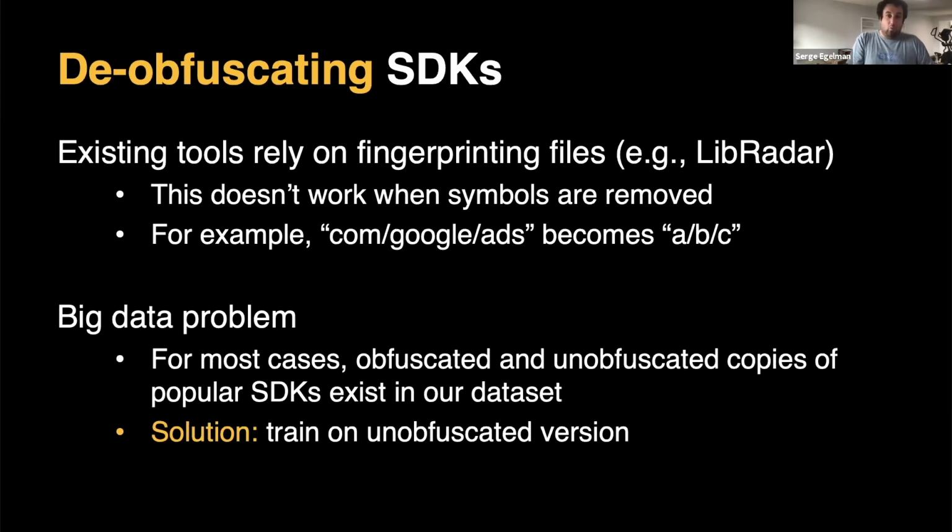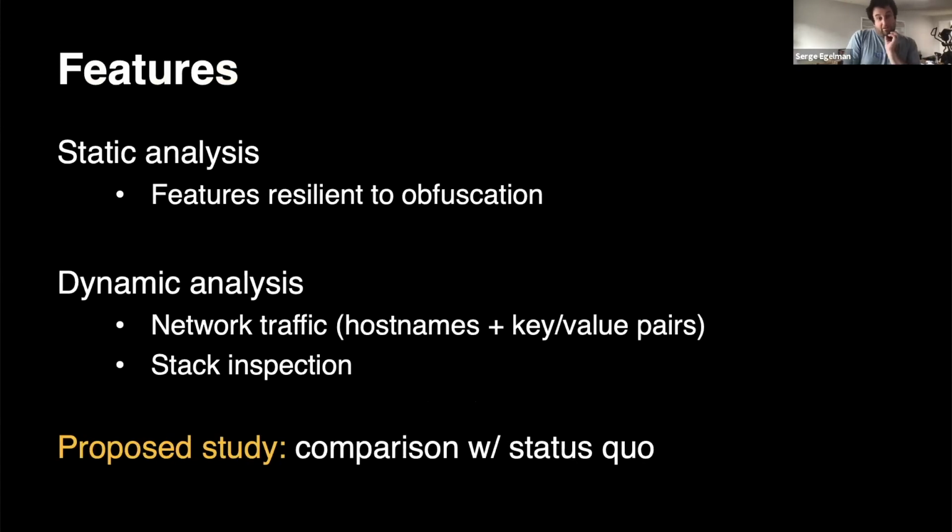So we've been using this to create a ground truth data set, and look at features that might be resilient to code obfuscation so that we can train on the labeled data, which is the unobfuscated one, and then use that to recognize those same features in the obfuscated version. We've also been augmenting this with dynamic analysis, looking at the API endpoints that are contacted and using that as another feature set.